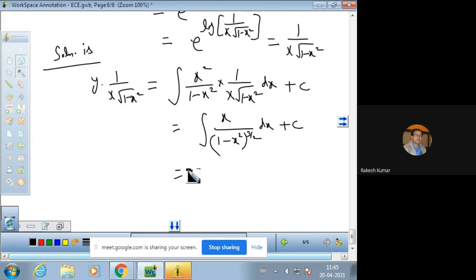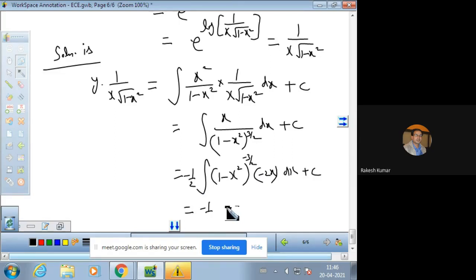Integrate the right hand side: for integrating you will have to write it like this, 1 minus x square raised to power minus 3 by 2. Now the derivative of minus x square should be minus 2x, so we are multiplying with minus 2. So if you are multiplying with minus 2 तो divide भी करना पड़ेगा plus c.